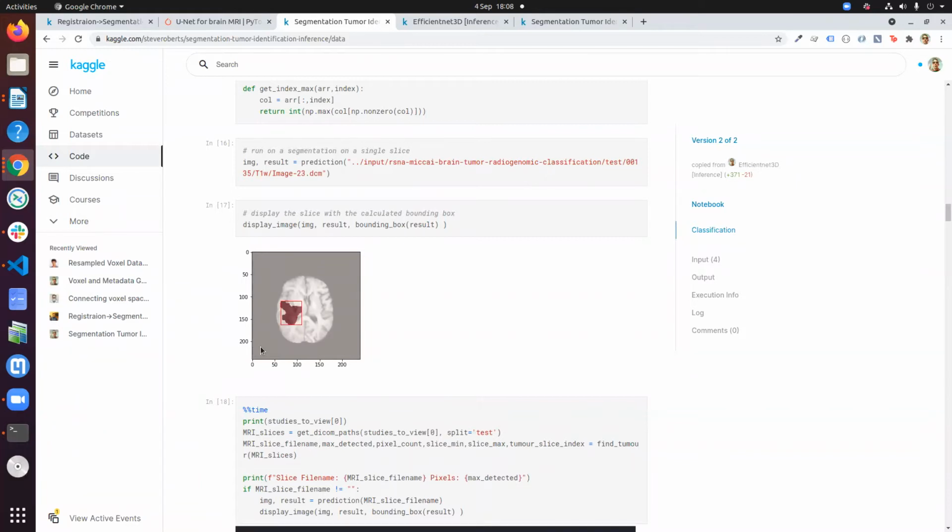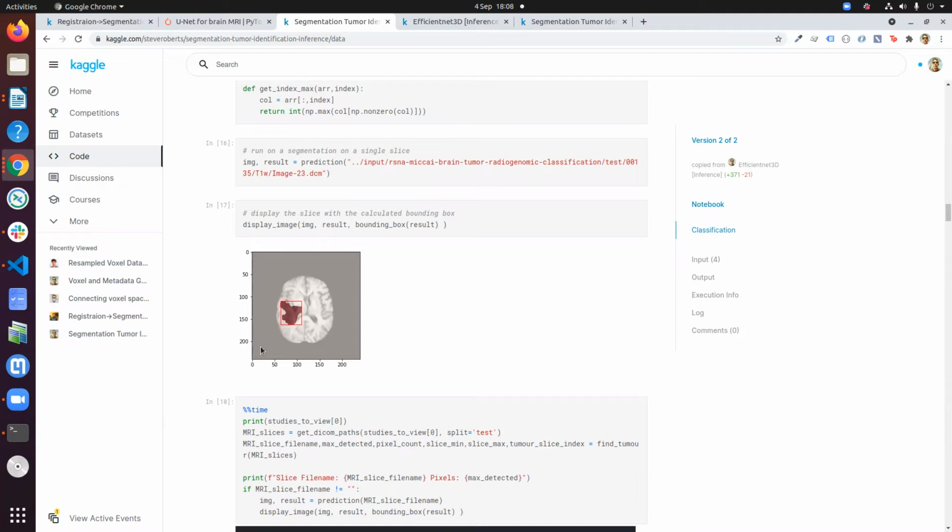In the guy's 3D EfficientNet notebook, he takes the central slice of the image, and then chooses 32 either side of that, so 64 in total to make his 3D channels.